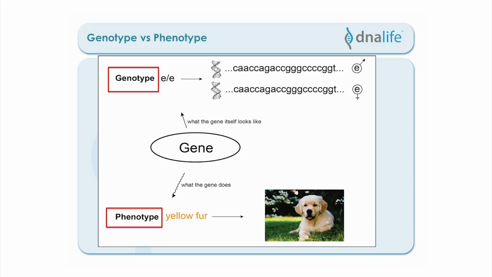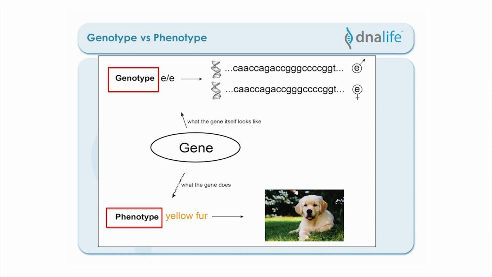Just to give an example, practically something we can all relate to is just looking at a dog, for example. At the top of the slide we see the genotype, which is the stretch of nucleotides that sits in the cell, the DNA material. We can see there that one strand has been inherited maternally, the other strand is inherited paternally, and together these form the basis of the characteristics that create the dog.